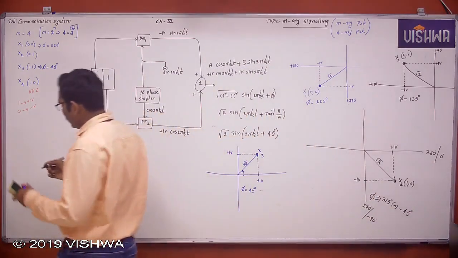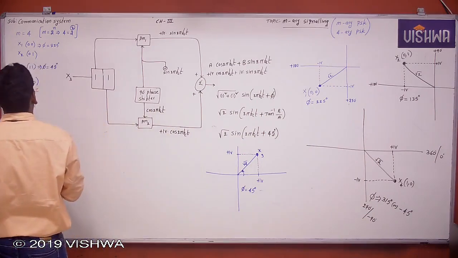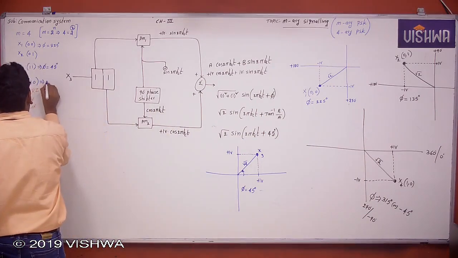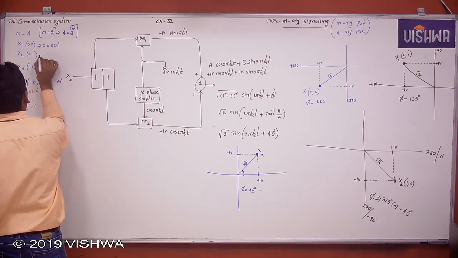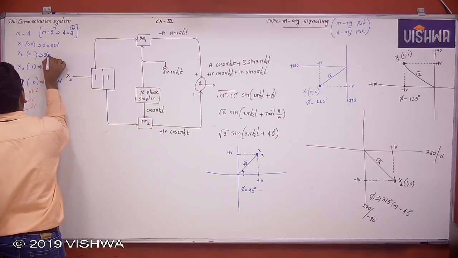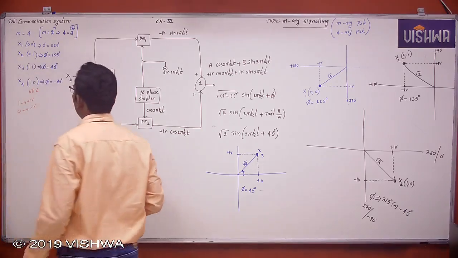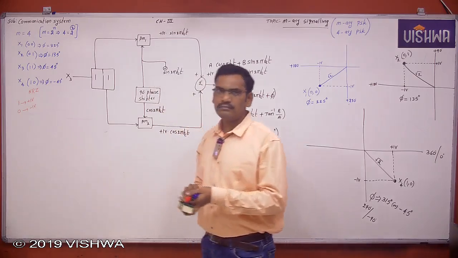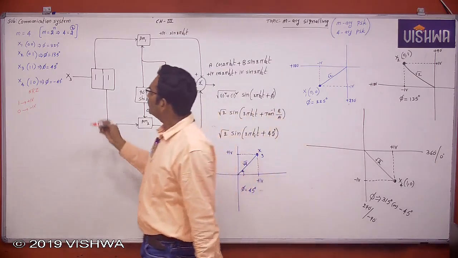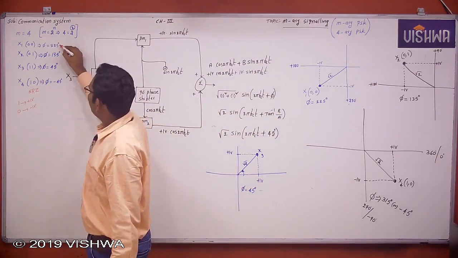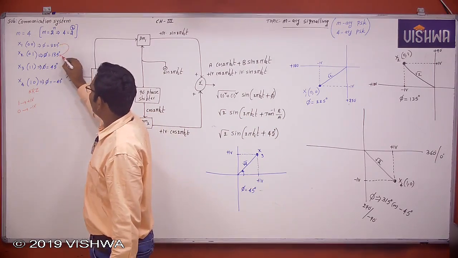So can you find all the phases for this? Now this is the phase which is minus 45 degrees, and this is the phase which is 135 degrees. Now can you please check here? This is the symbol 1 phase, symbol 2 phase. What is the phase difference? 90 degrees.